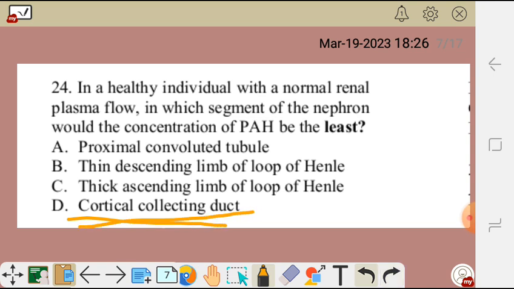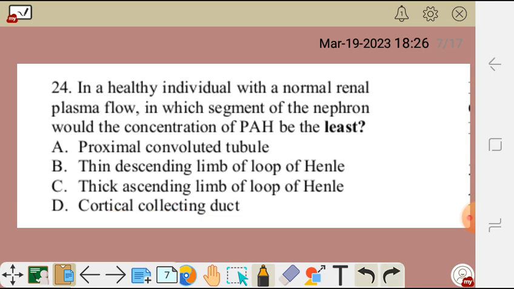So in the collecting duct, in normal circumstances, the channels for water are not there unless under the effect of a hormone. We only have aquaporin 3 and 4 on the basolateral membrane, not in the apical.